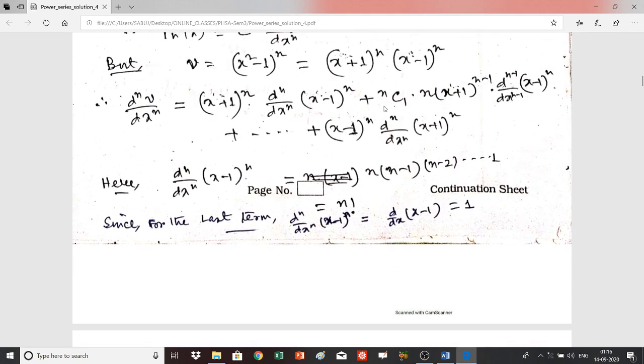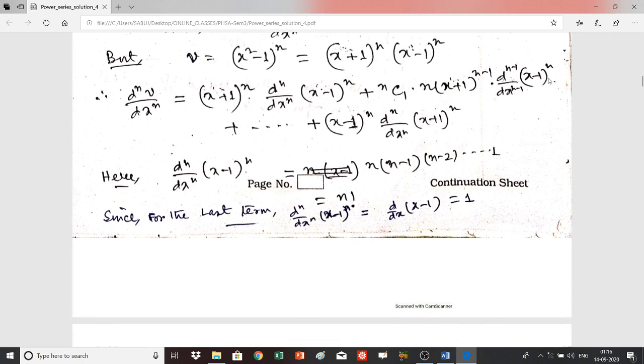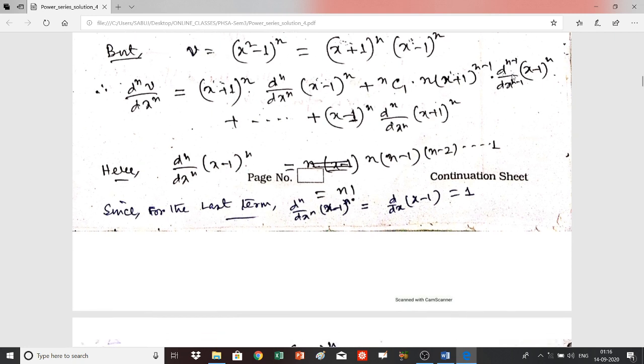The second term is nC1 into n into (x plus 1)^(n minus 1) d^(n minus 1) by dx^(n minus 1) of (x minus 1)^n. So you are differentiating the term (x minus 1)^n, n minus 1 times.